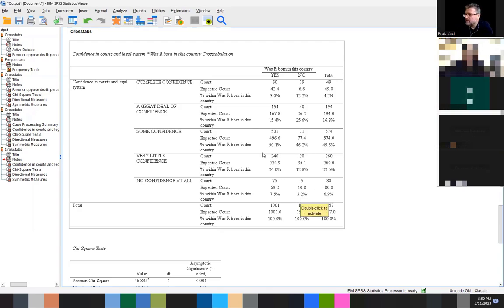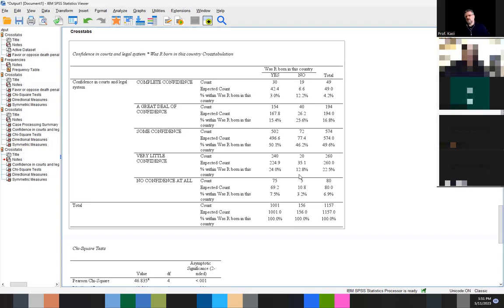So the biggest difference is among those who have very little confidence, and those who are born in this country are about 11% more that have very little confidence in courts and legal system than those who are not born in this country. Okay.